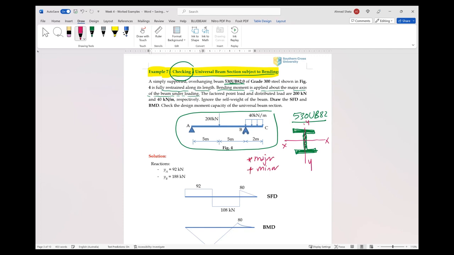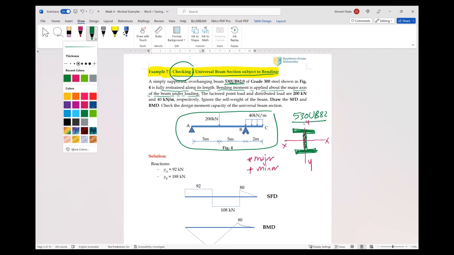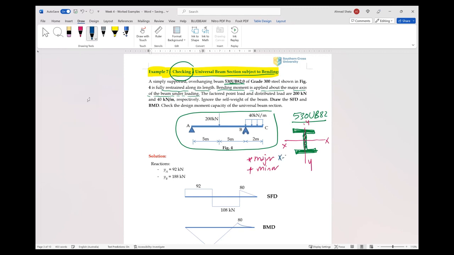The x-axis here is the major axis, and the y-axis is the minor axis, because Ix is larger than Iy. If we calculate Ix and Iy, we will find that Ix is larger than Iy.